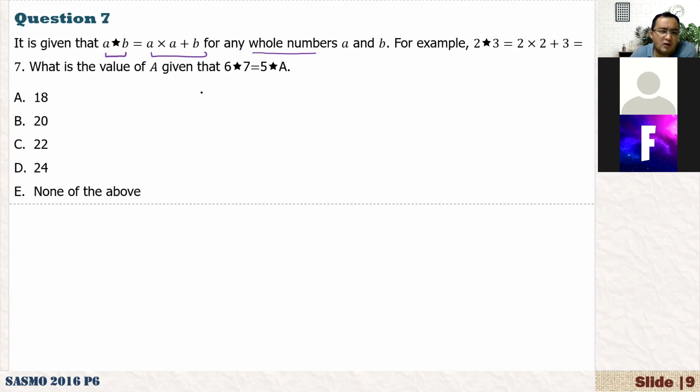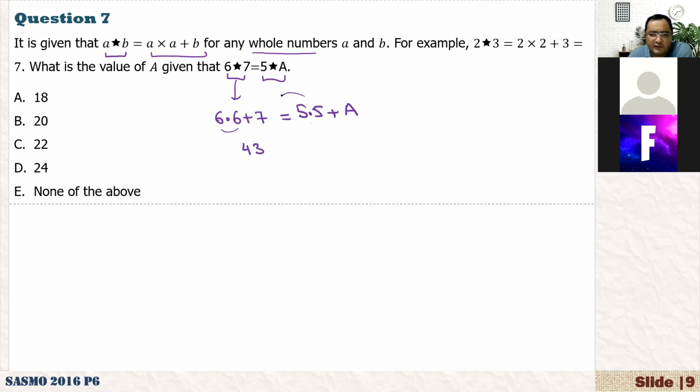What is the value of A, given that 6 star 7 equals 5 star A? Now from the definition, what is 6 star 7? That is 6 times 6 itself, and we should add it to the second number, right? On the right-hand side, 5 star A, that's 5 times 5, and we should add it to the second number, that is A. After that, we just need to solve this for A. 6 times 6 is 36. 36 plus 7 is 43.